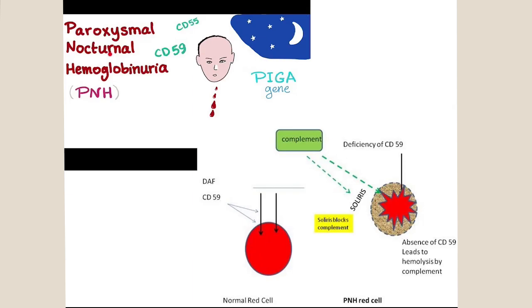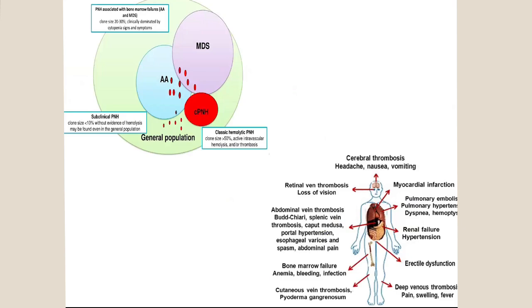And if the patient has any additional bone marrow disorder suspected, the initial investigation would likely be a bone marrow biopsy, since it will alongside reveal aplastic anemia or MDS in these patients. PNH can present as aplastic anemia, MDS, classical PNH or subclinical PNH. And these are the symptoms it can present with.